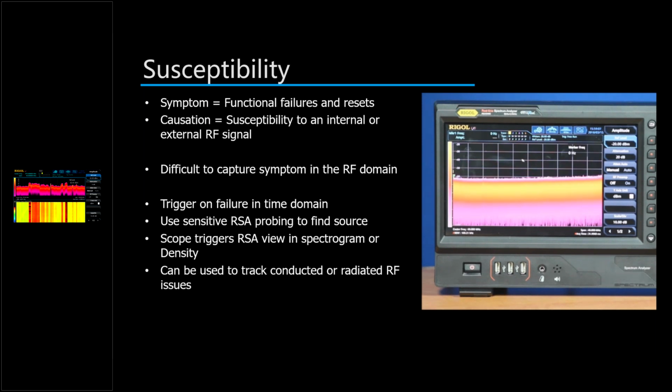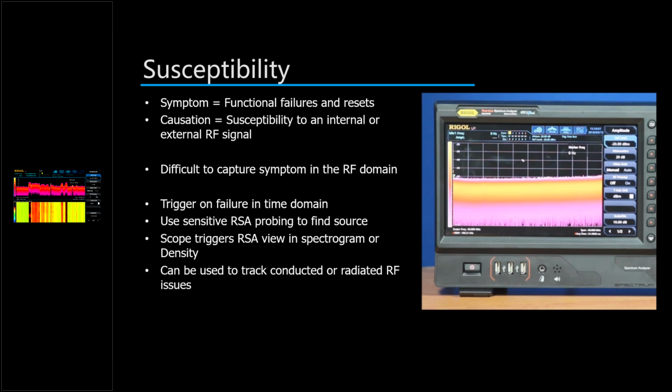So here we see, by triggering from the scope and triggering out to the spectrum analyzer and looking at the spectrogram history, we were able to capture that there's an anomaly happening 5-10 milliseconds before this shutdown that seems to be correlated. So we're able to hunt down this individual pulse action.